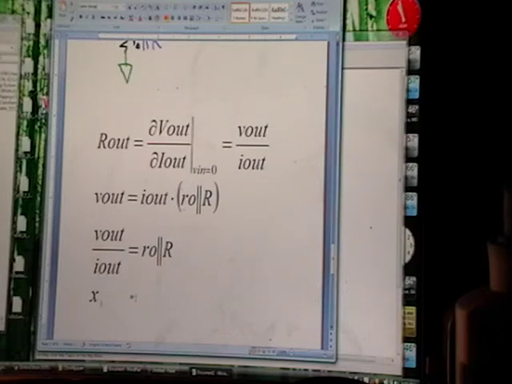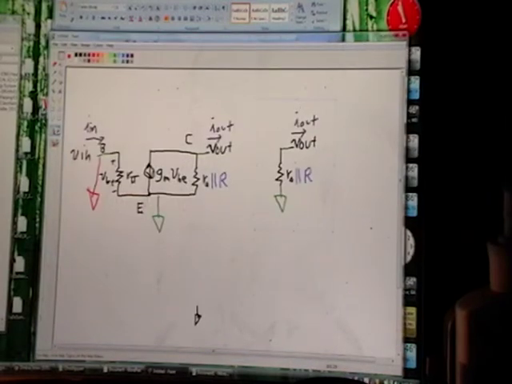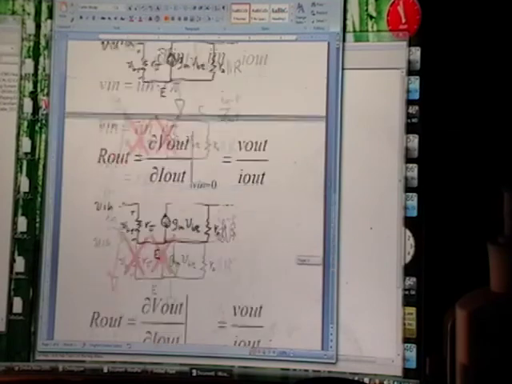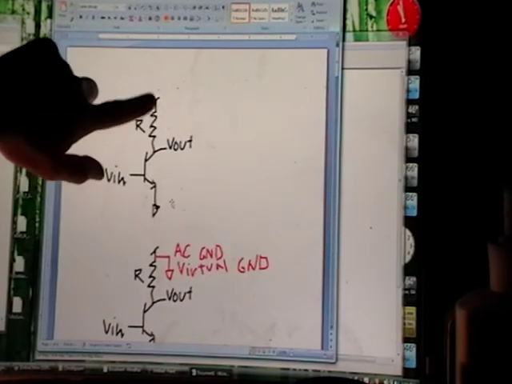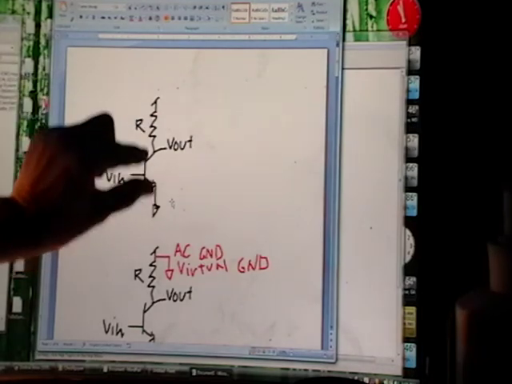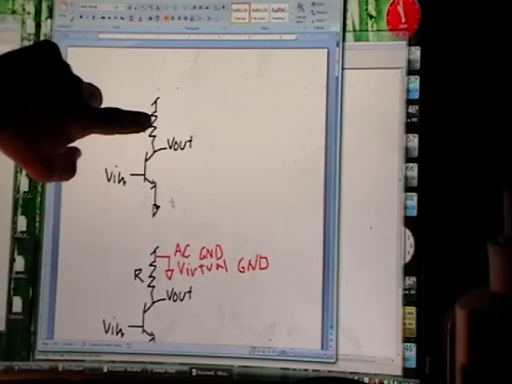Alright, in class we did GM, so I won't do that here. Let's do one more example here. If you remember what we started off with, a common emitter with a passive load. In other words, the thing that comes above the transistor is a passive element.